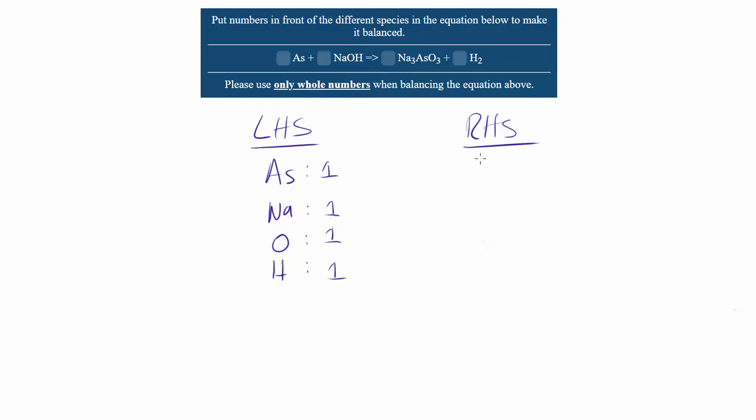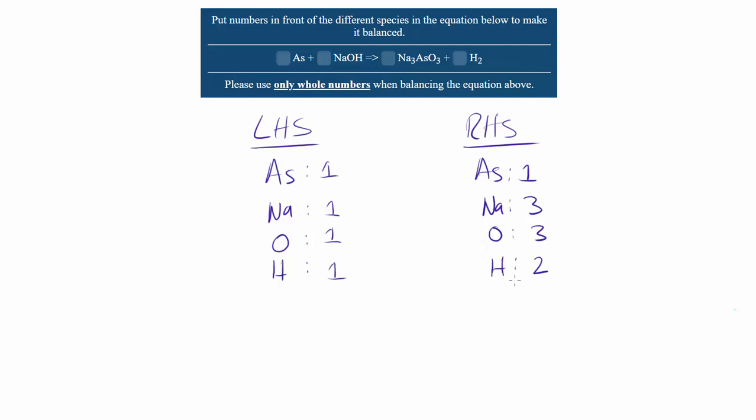Okay, so for the right hand side, for As here, it occurs once. Sodium occurs 3 times, oxygen occurs 3 times, and for hydrogen we've got just an H2 here, so that occurs twice.